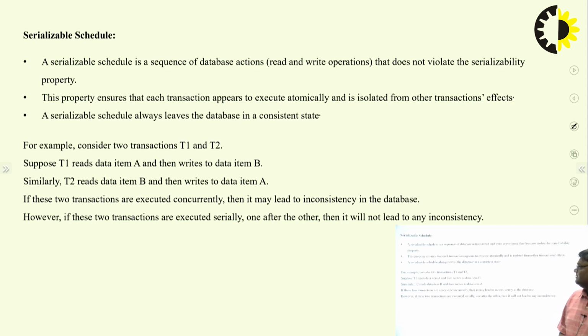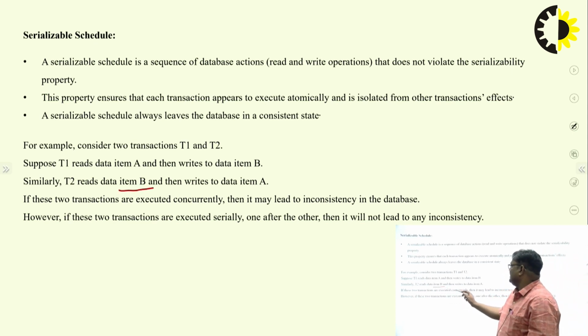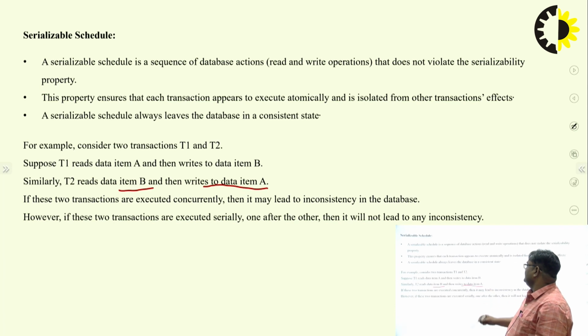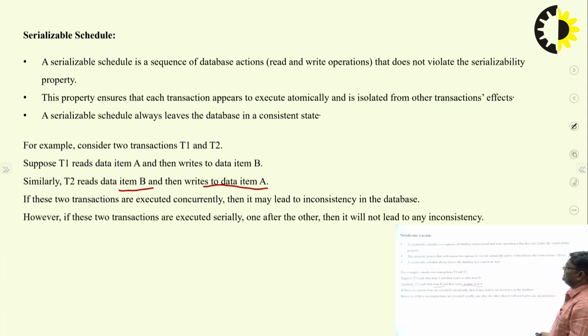Like we have an example, T1 and T2. Suppose T1 reads data item A, then writes to data item B. Similarly, T2 reads data item B and then writes to data item A. If these two transactions are executed concurrently, it may lead to inconsistency in the database.